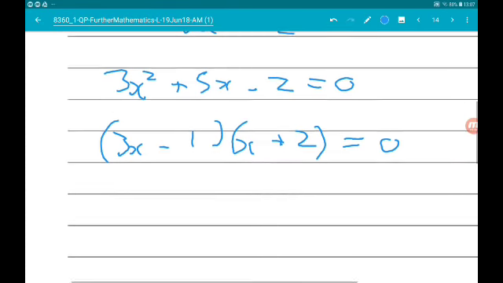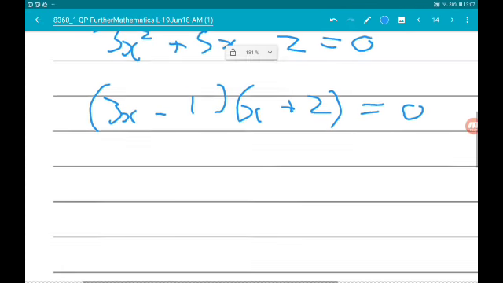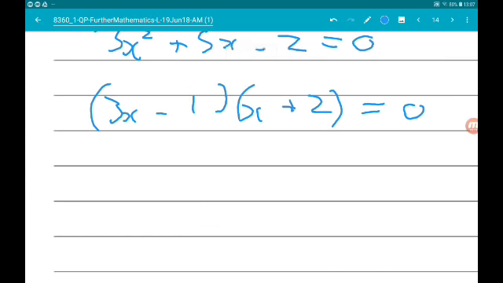So when you're solving quadratics and you're factorising, you set whatever is inside each bracket equal to 0 and solve for x.